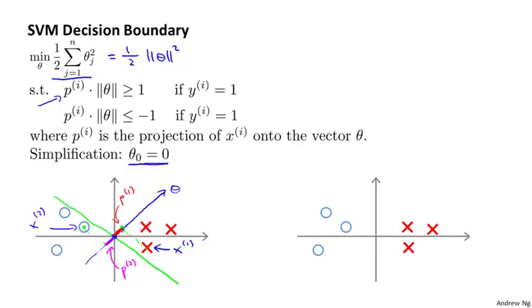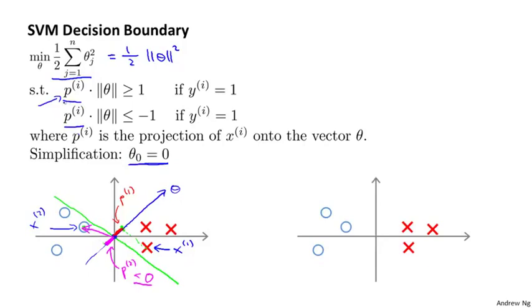And so this little projection line segment is going to be pretty small. P2 will actually be a negative number, because it's in the opposite direction. This vector has a greater than 90-degree angle with my parameter vector theta, so P2 is going to be less than 0. And so what we're finding is that these terms p1 and p2 are going to be pretty small numbers.